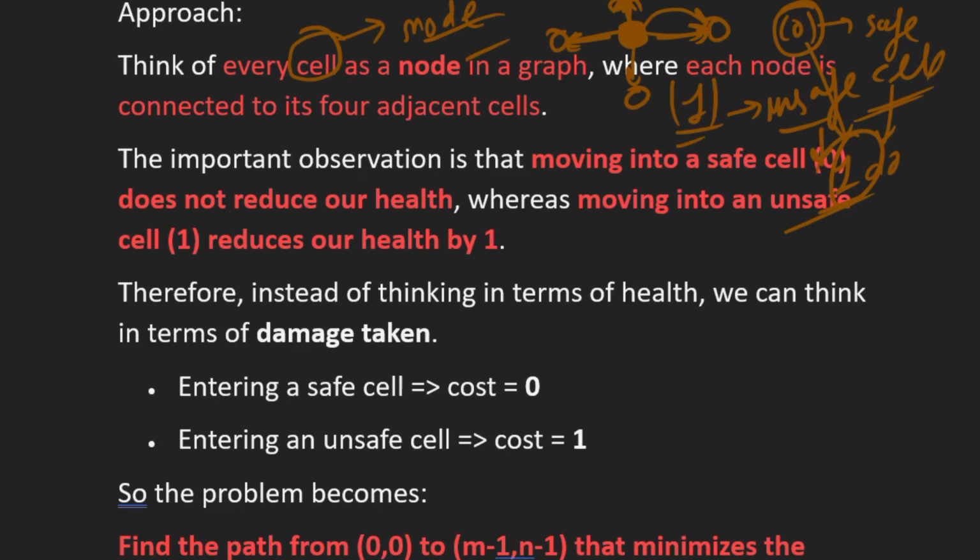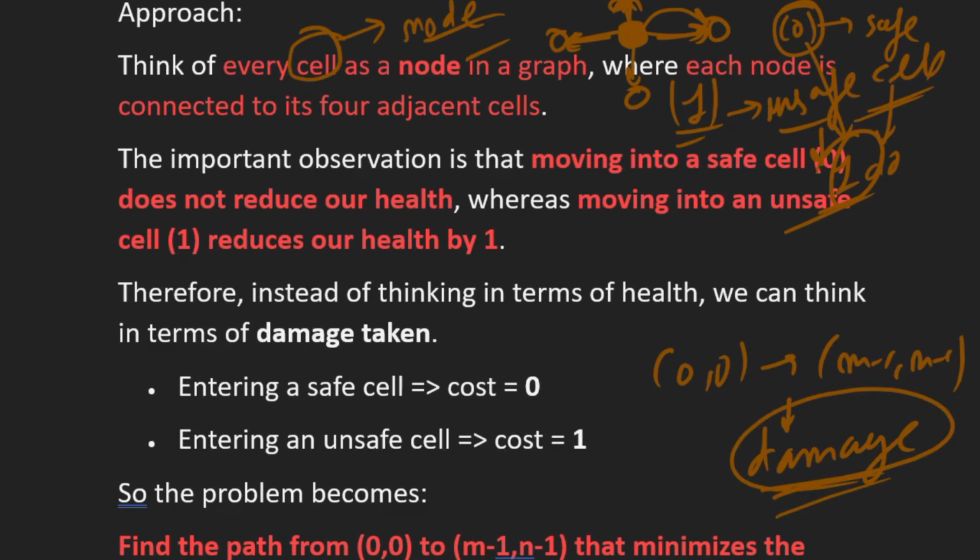So now, instead of thinking in terms of how much health is remaining, what we think is, when we move from 0 comma 0 to m minus 1 comma n minus 1, how much damage has been done to us.